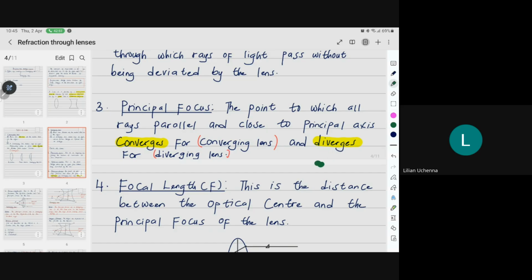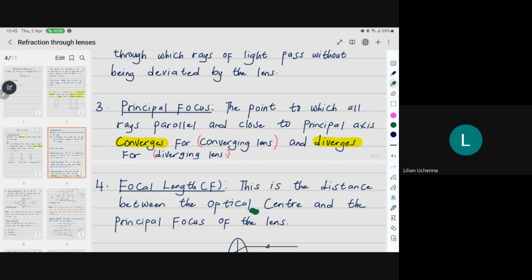It diverges. So at that point, it diverges. So diverges for a diverging lens, that's the principal focus. Those rays of light are going to diverge. Then we'll have the focal length. This is the distance between the optical center and the principal focus of the lens.